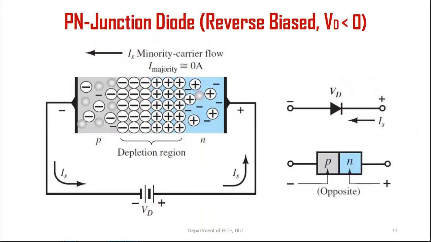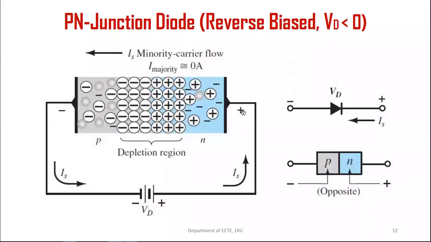So in the reverse bias, it's just the inverse: the negative in the P type contact and the positive sign in the N type contact. So this is negative, and holes are positive, so it will attract holes, and all the holes will come to the terminal.